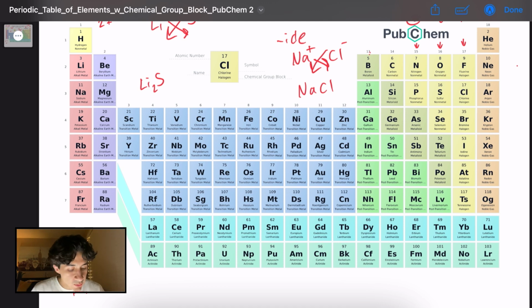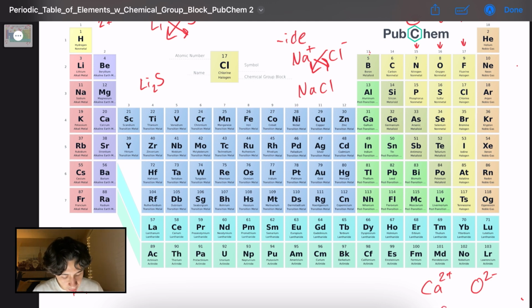So let's do calcium and oxygen. Calcium has a 2 plus oxidation number and oxygen has a 2 minus oxidation number. So technically we could write Ca2O2, but the proper way to write that would be CaO. That's because we don't need to put the 2's in there if they're the same oxidation numbers and the same number of atoms.